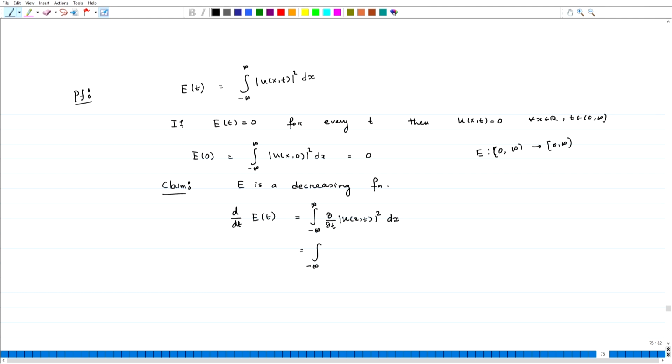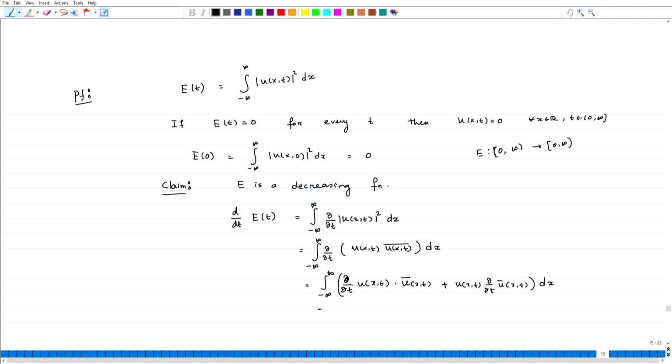Now, this is the integral of del/del t of u(x,t) times u-bar(x,t), plus u(x,t) times del/del t of u-bar(x,t), dx.